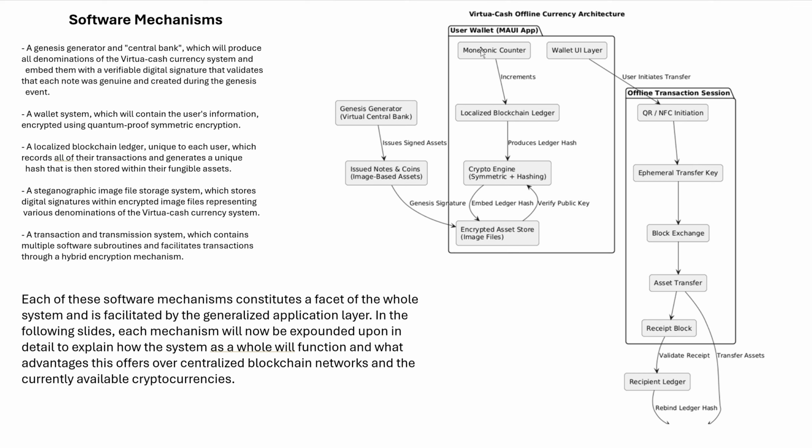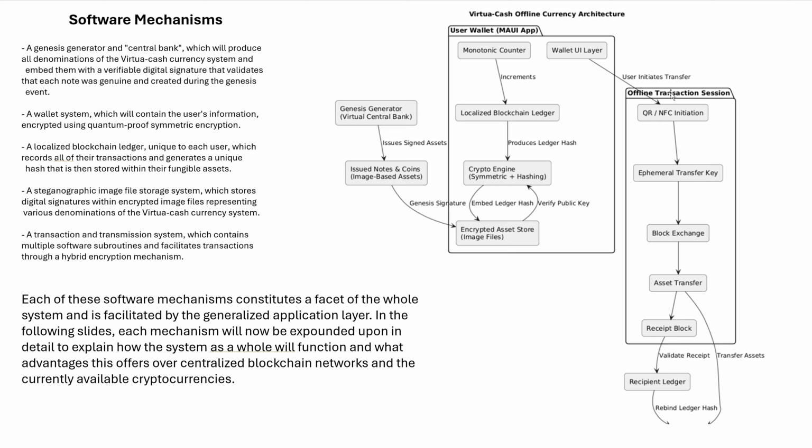So we're going to look at this offline currency architecture diagram here. We see the Genesis generator and the virtual central bank, which issues notes and coins. These go to the user wallet, which is the application layer. We're going to be doing this in .NET MAUI, so all the code will be in C# and in XAML for the front end, through the .NET MAUI development environment.